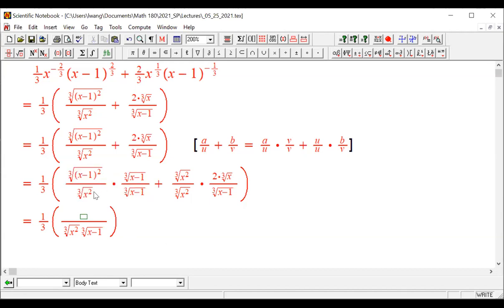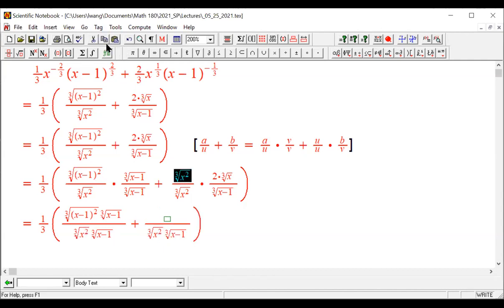On the top, you have this guy, multiply that guy. Plus, I'm just going to put them together. I already got the same denominator. And the numerator, we're going to take care of the numerator.